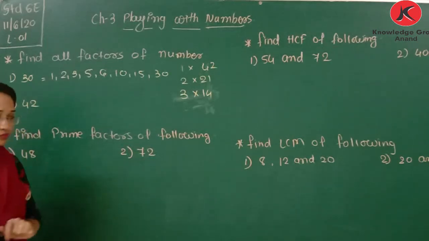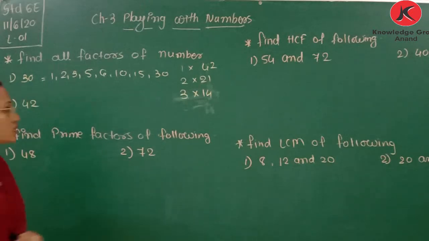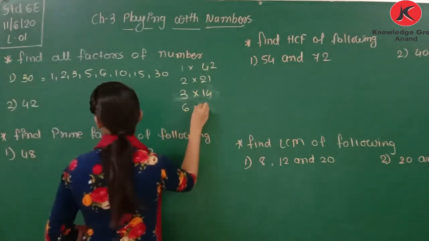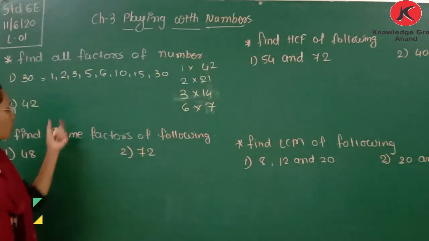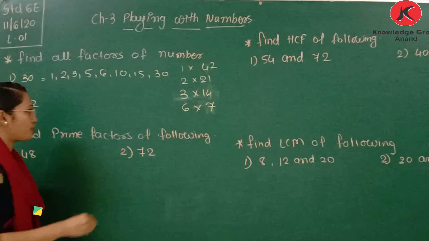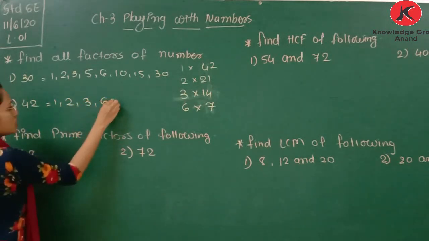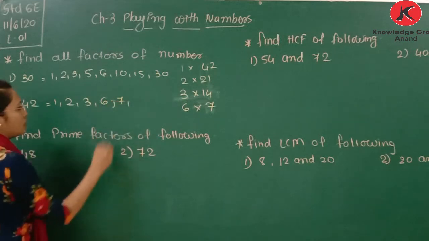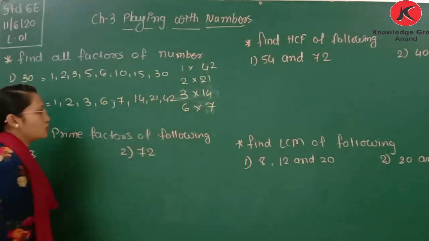No. Now check with 5. Not possible. 6. Yes, it is possible. 7 6s are 42. Now check the next table, that is 7, but 7 is already there. So factors of 42 will be 1, 2, 3, 6, 7, 14, 21 and 42.